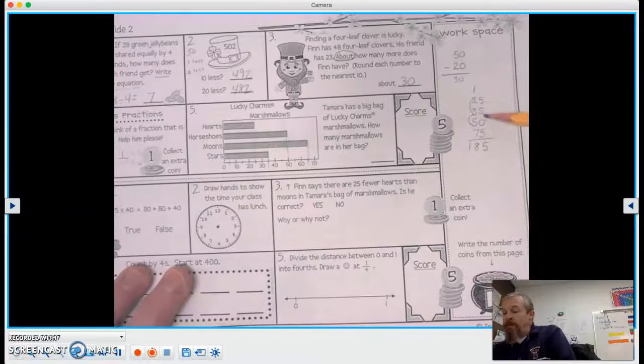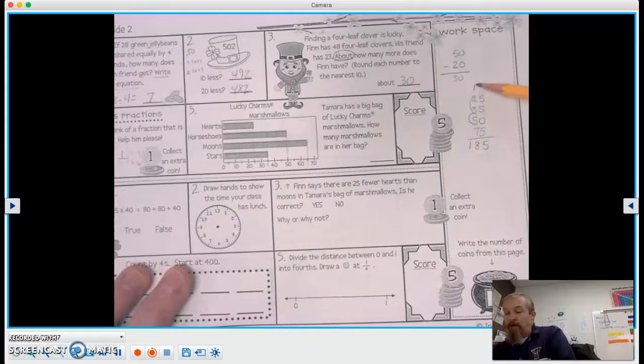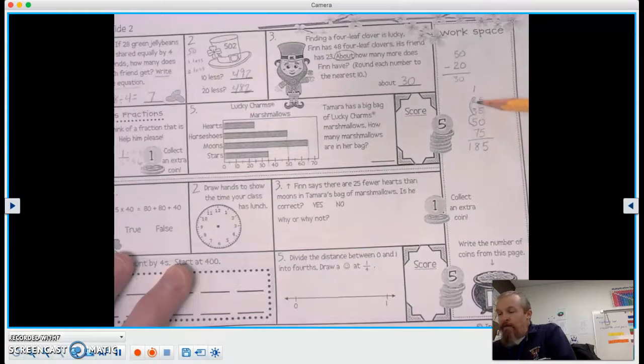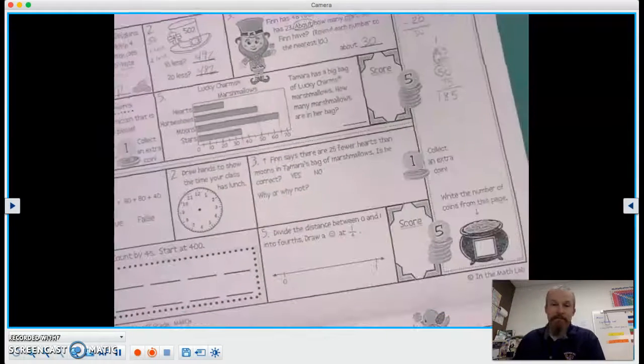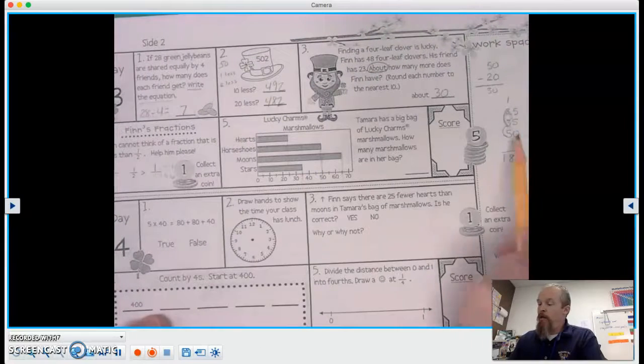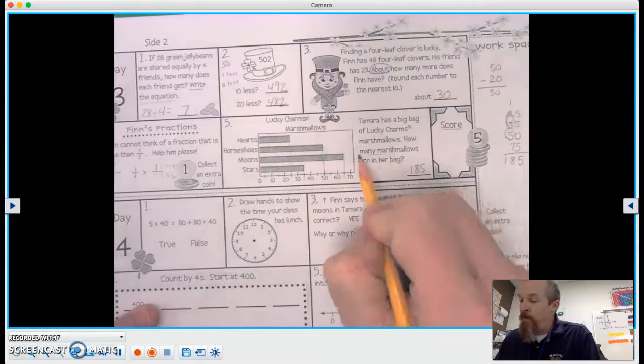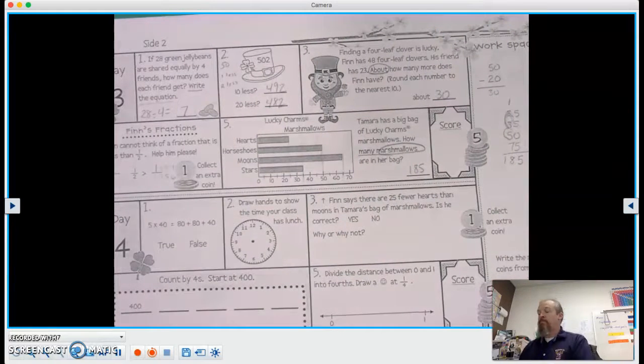So 5, 10, 15. Write down the 5, carry over the 1, right? And then I added the 2 and 3 to make a 5. And then those 5 plus this 5 was 10. Now I can easily add the 7, which is 17. And the 1 more is 18. So 185 marshmallows.